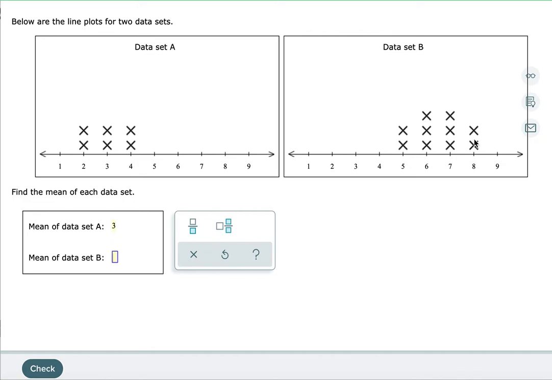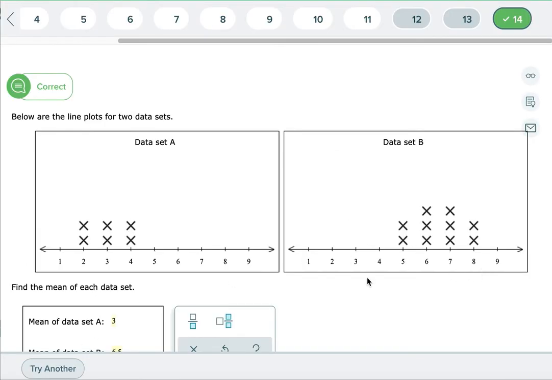Is that right? No, it's 65. And if you take 65 and divide by 10, you get 6.5. Right? Because that's that middle point right there. Thanks for bearing with me while I was trying to add in my head like that. But 6.5. All right, let's check and see how we did. Look at that. Nice work.